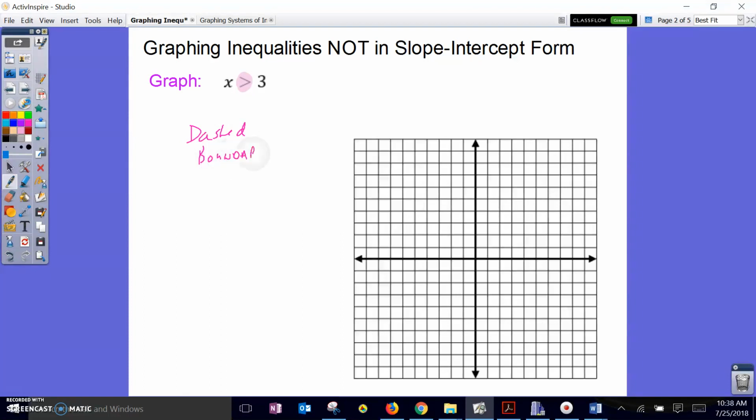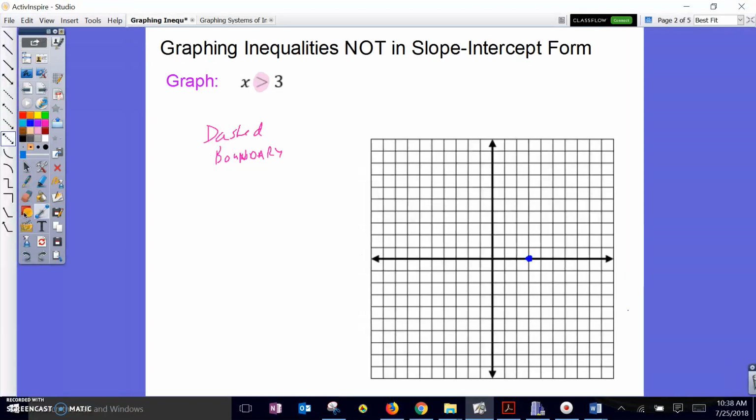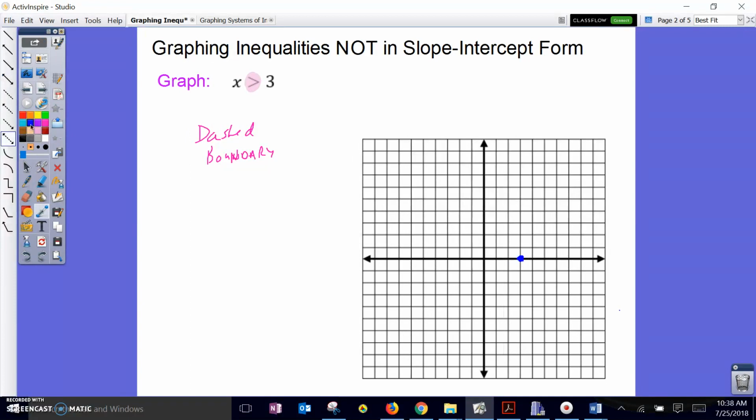And all inequalities of the form x is greater than, less than, greater than or equal to, less than or equal to some number is going to produce a vertical line. And it's going to produce a vertical line at x equals 3. So I go over here and I plot 3 on my x-axis, and now I'm just going to go ahead and draw a vertical line through that. That vertical line is going to be dashed because we have a dashed boundary.